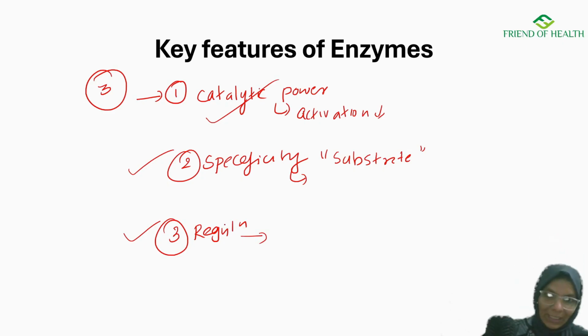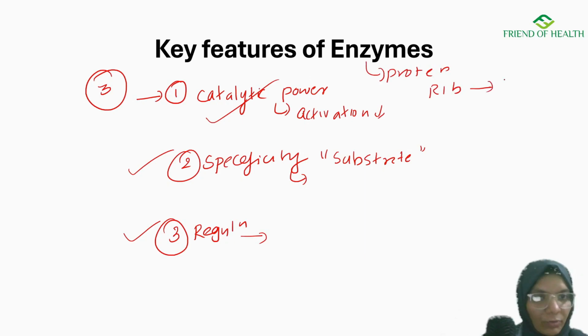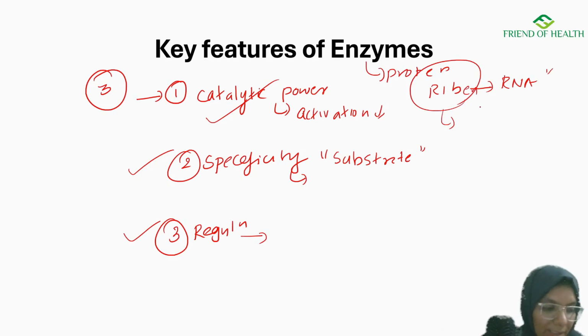Now, most enzymes are proteins. A few special enzymes called ribozymes are made up of RNA, not protein. Remember, they may give a true or false question like this: ribozymes are not protein, they are made up of ribonucleic acid. Some enzymes are just proteins, while others have a protein part plus a non-protein part.